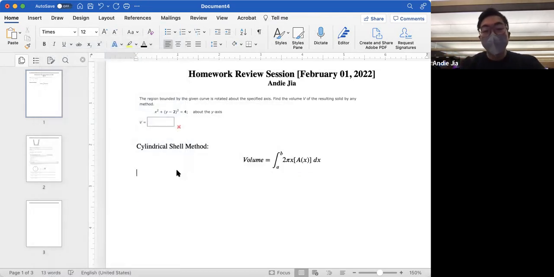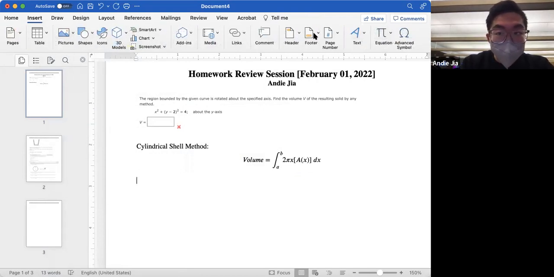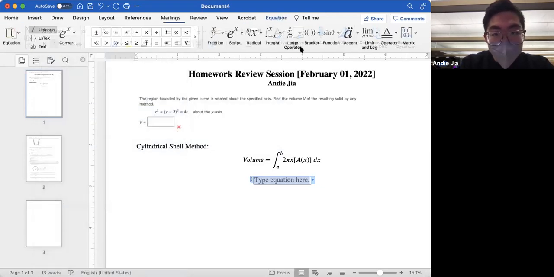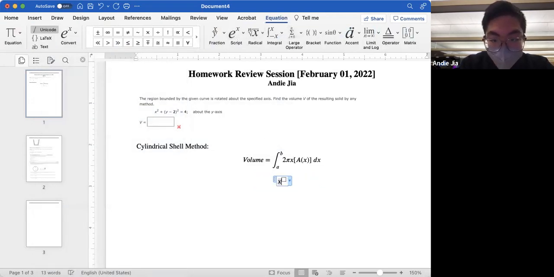Now we will rewrite the curve in terms of x because it's easier to integrate. So we have x squared plus (y minus 2) squared, which is y squared minus 4y plus 4, equal to 4.